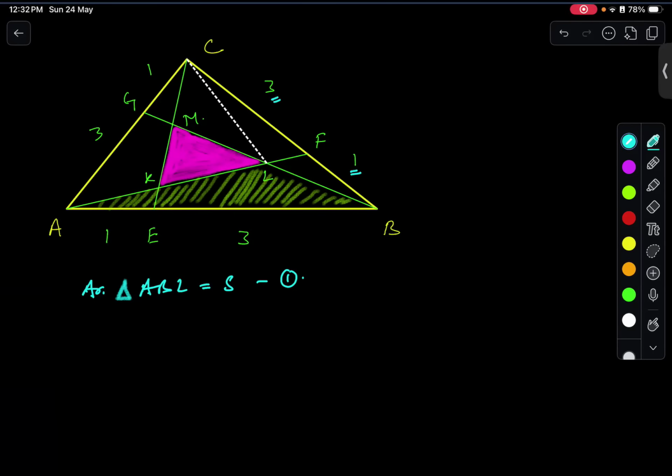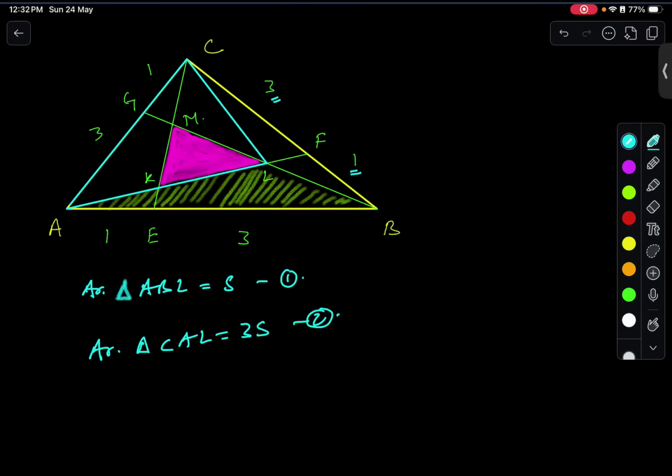So can I say the area of triangle CAL is 3S?